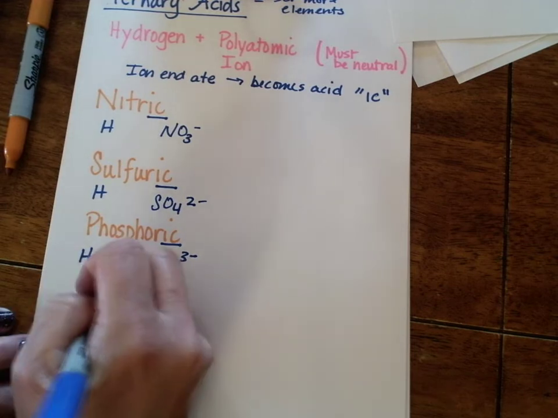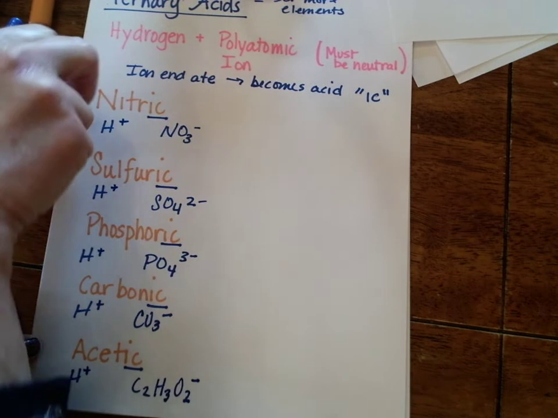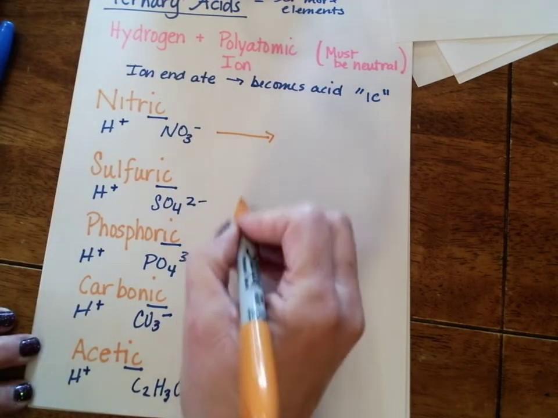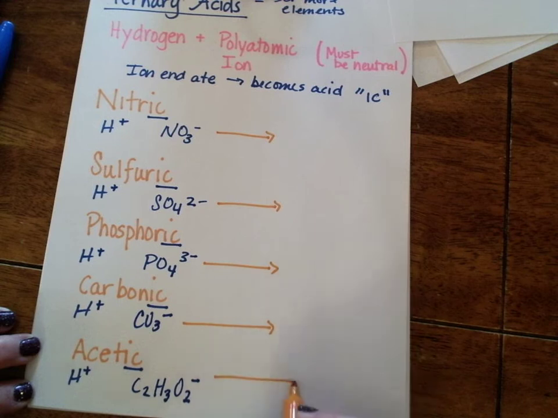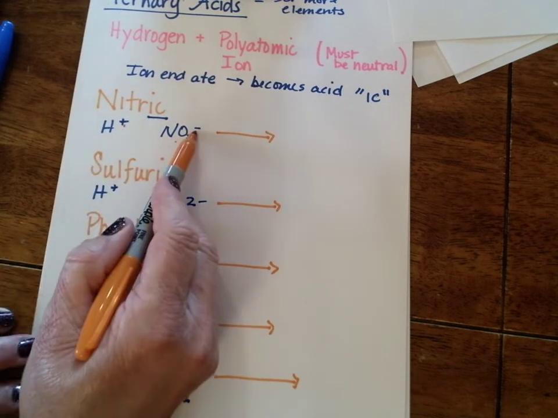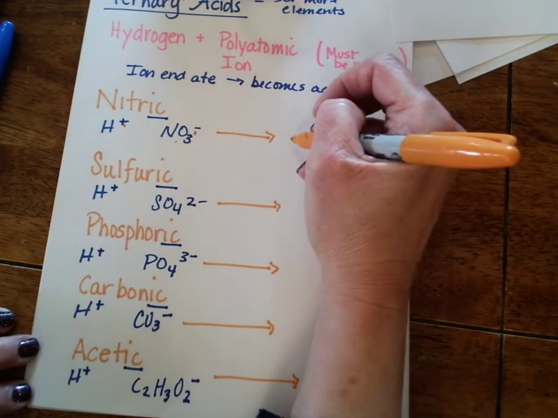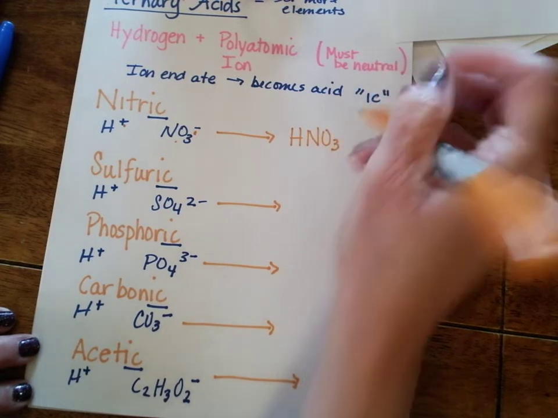So let's remember all my hydrogens are positive. And my goal now is to take these and to make a neutral compound that I understand, because of its ending, is an acid. So nitric acid, I'm working with hydrogen and nitrate. A +1 and a -1 cancel each other out. So nitric acid is just HNO3.